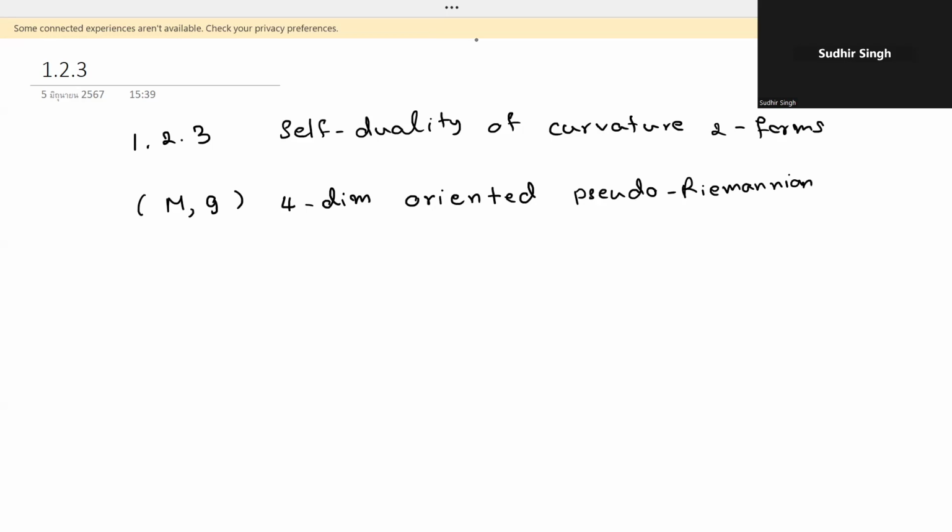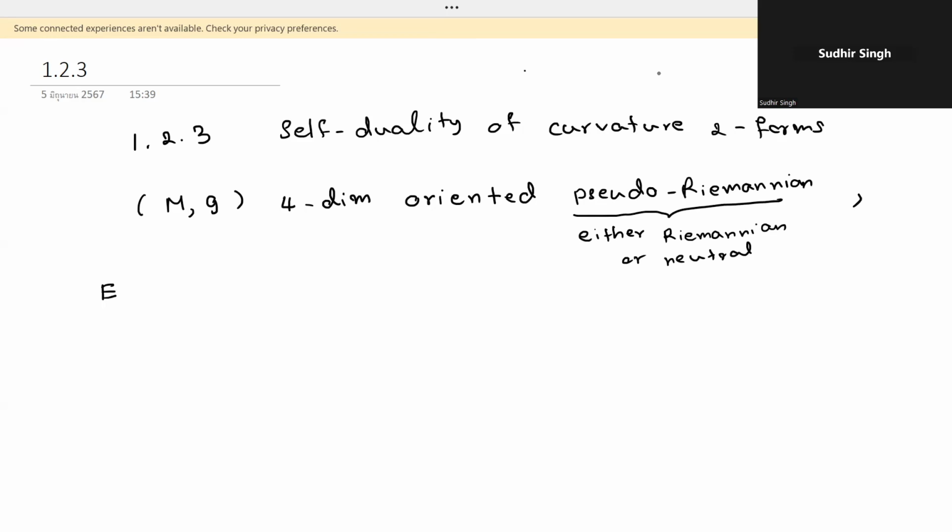Let me just say pseudo-Riemannian. It will be either Riemannian or neutral. So with this, we can define a Hodge star operator on M.